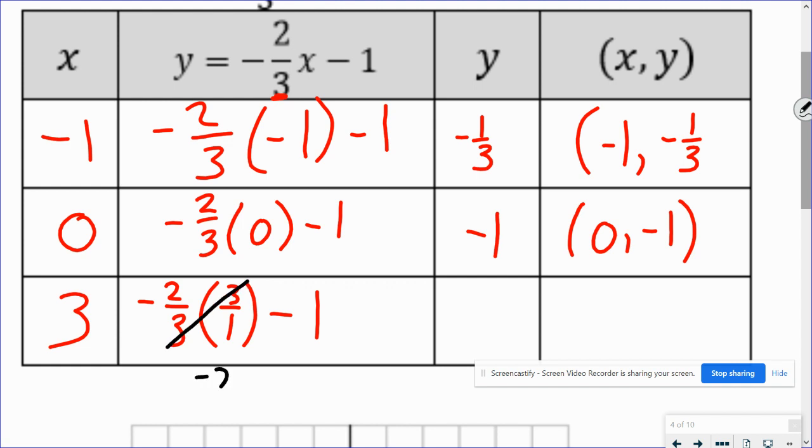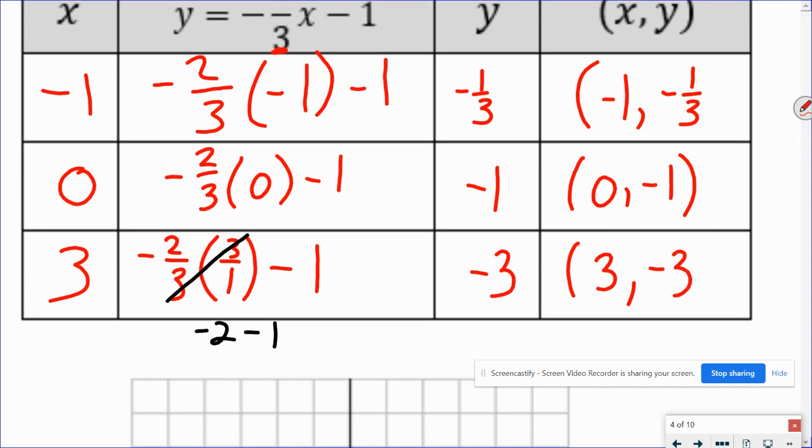So you really have a negative 2 minus 1. Negative 3. Keep change. You need 2 nice points to plot a line. It only takes 2 points to make a straight line, and 3 points to make a more accurate straight line.